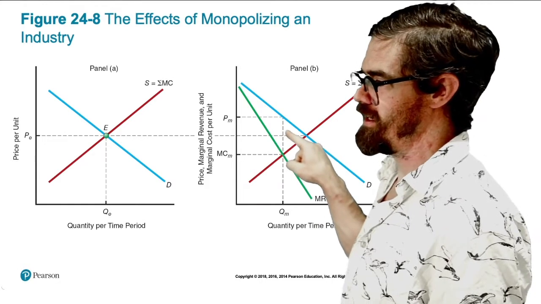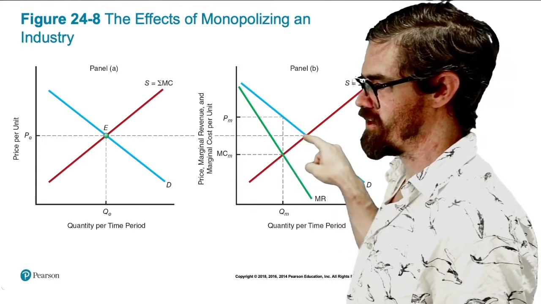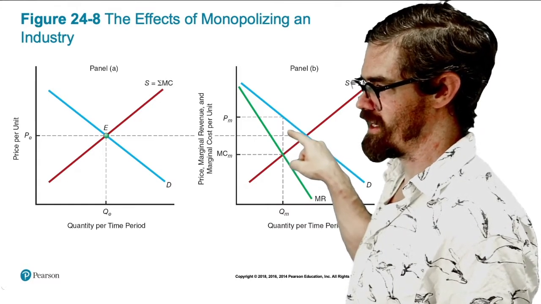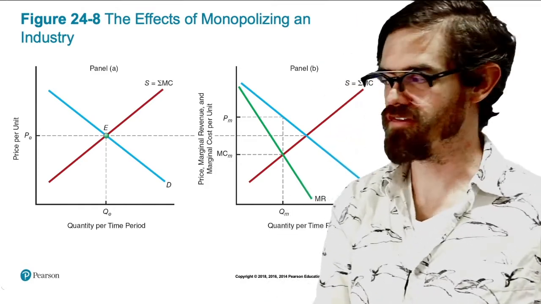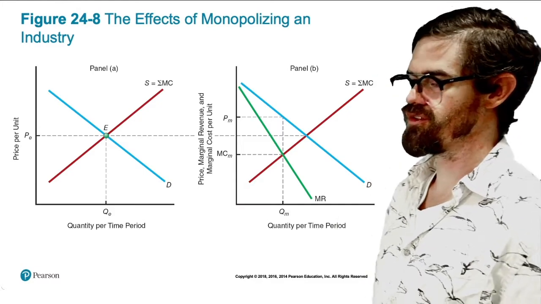On top of that, we have some deadweight loss. We have these units here that are not being produced, and so we have a loss of efficiency. Graphically, these are the costs of monopoly in terms of social welfare.